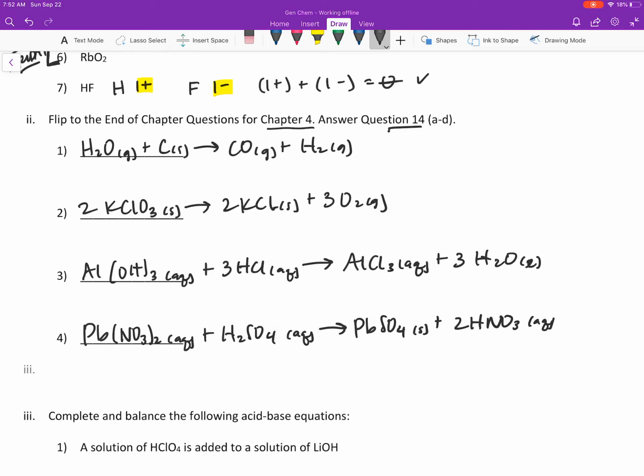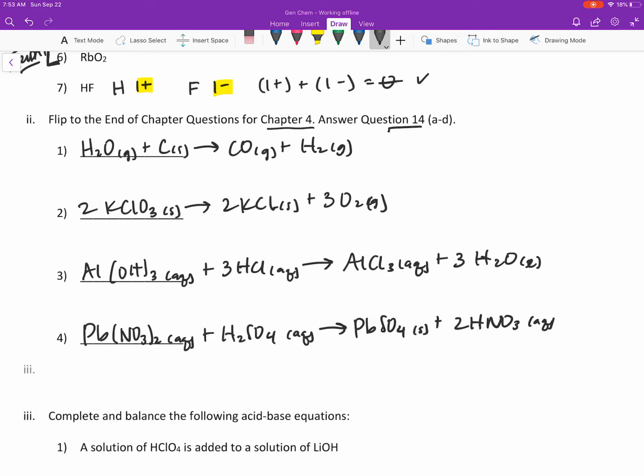Okay, so in the first one we have water as a vapor. It's a gas reacting with solid carbon to form carbon monoxide, which is a gas, plus H2, which is also a gas. Then in the second one we have 2 potassium chlorates as a solid, reacting to form 2 potassium chloride solids, plus 3 oxygen, in the gas form.